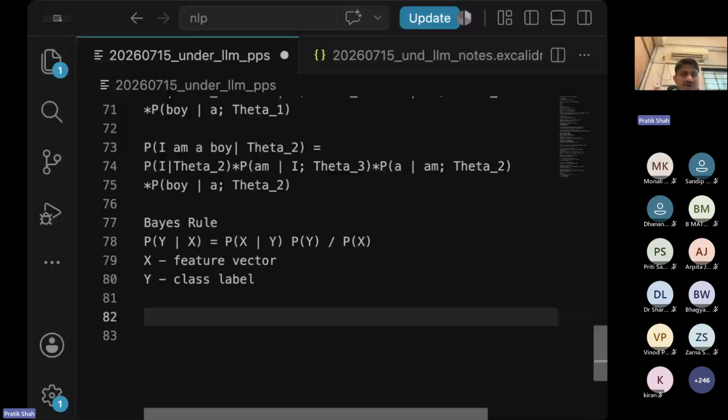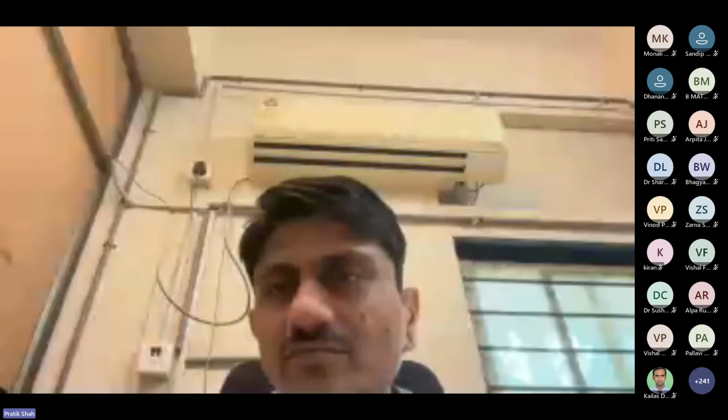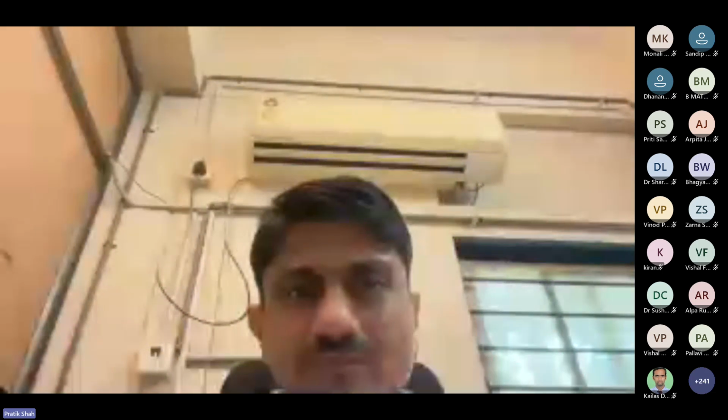So I create a vector of 10 numbers, which I call a feature vector, and I associate it with a class label called dog. Correct. So probability of class being dog given the feature vector is something which I want to find out. So when I see an unknown feature vector, I would like to figure out whether it is a dog or not a dog. So this is a typical classification problem.